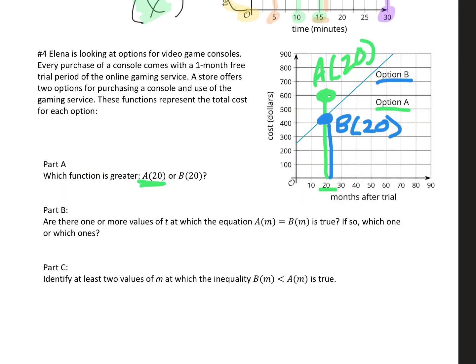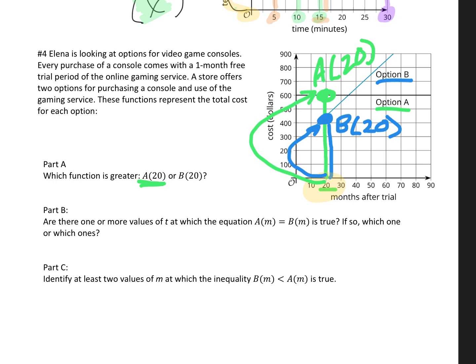For part A, I can see if I go over to the 20 on the x-axis and I travel up to option A, you see there's A of 20, and then B of 20, where it hits the B line, is lower.